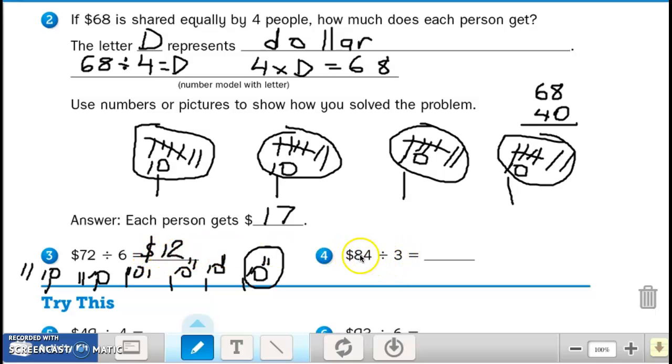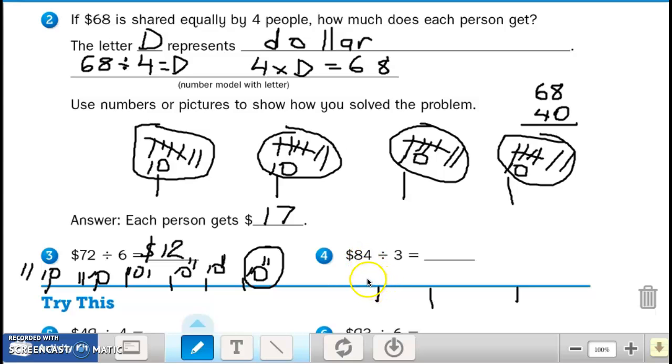Okay, same thing with this. 84 divided by 3. So here's 3 people: 1, 2, 3. We've got $84. Now just think about this.